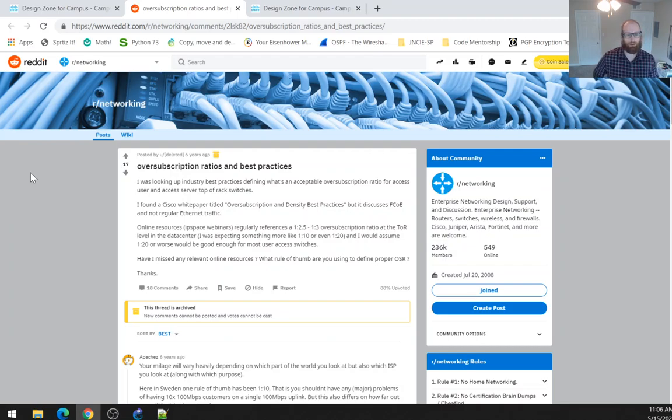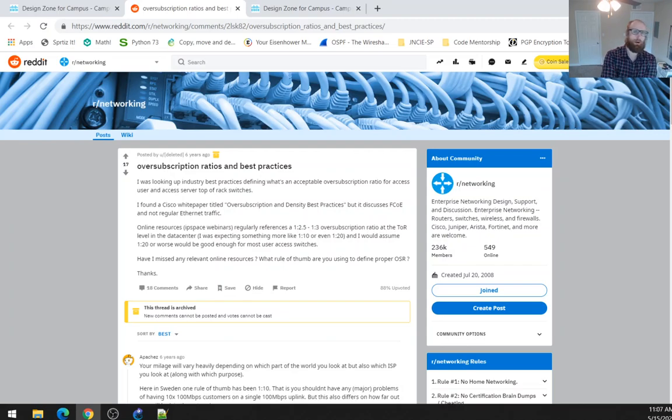See, I'm confused here now. Is he messing it up and saying 10 to 1 or 20 to 1? Because I don't understand ever having, because you're not going to have all of your end devices pushed to capacity all the time.